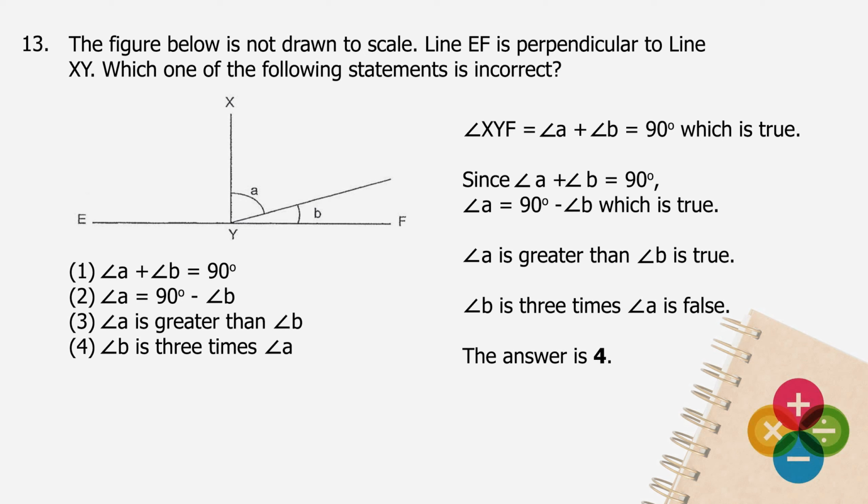The statement is true. Since angle A plus angle B is equal to 90 degrees, angle A is equal to 90 degrees minus angle B. The statement is true. Angle A is greater than angle B. The statement is true. Angle B is 3 times angle A. The statement is false. The answer is 4.